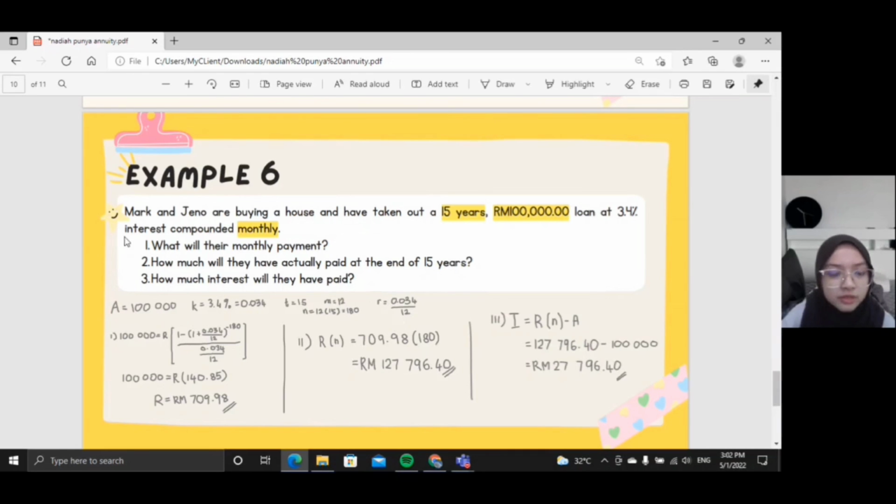So we answer the first question first. What will their monthly payment be? We need to find the R. Just substitute all the information, the amounts, in the formula.